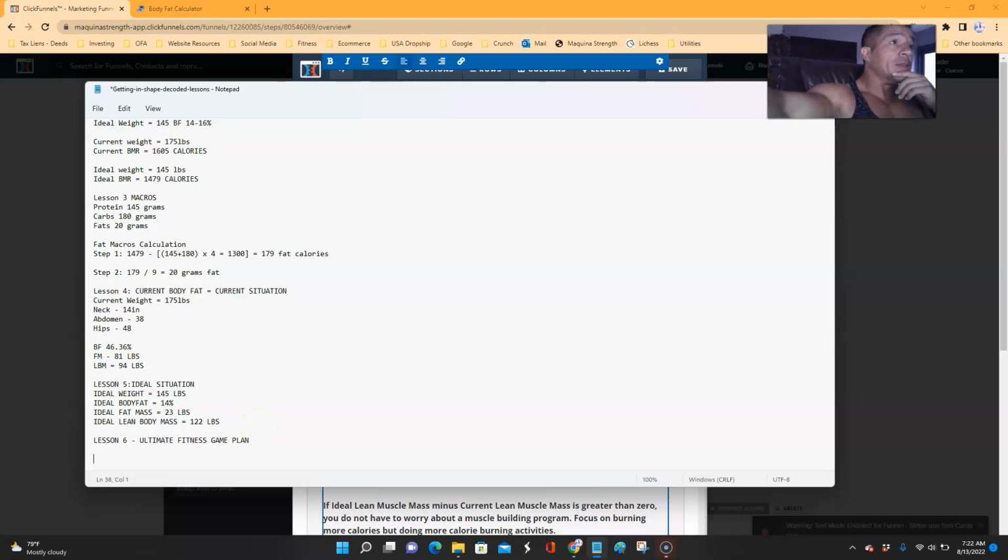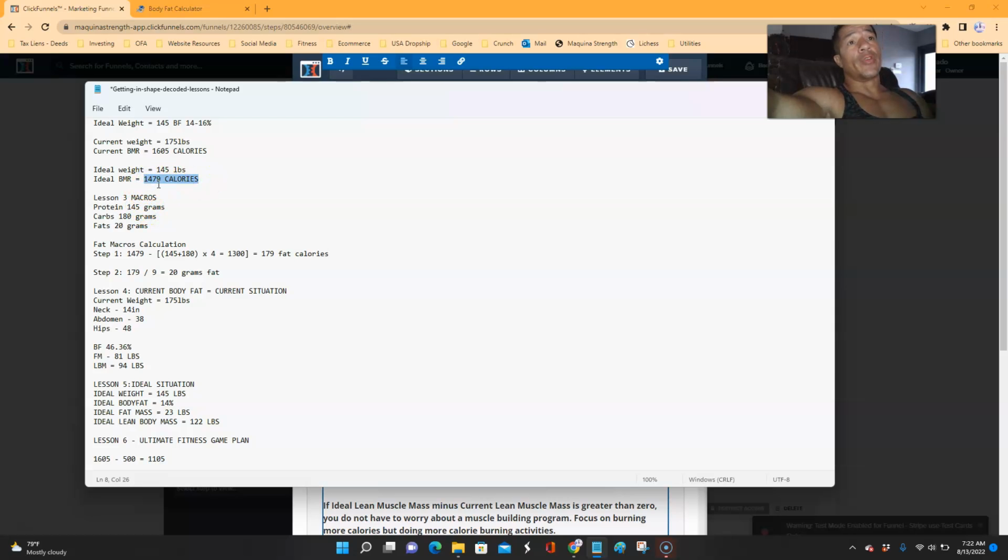But notice that it's a 30-pound difference between current and ideal. So we do 1605 minus 500, that equals 1105. So this is a big problem, right?